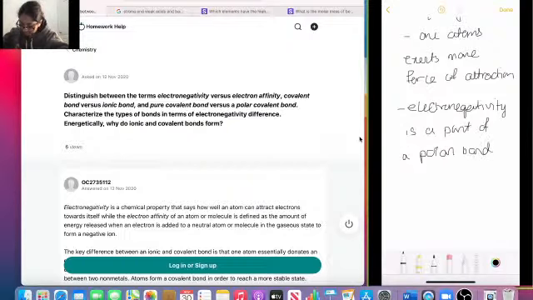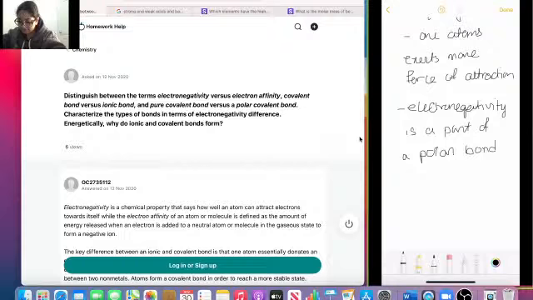When an atom is more electronegative, it tends to pull the electrons to itself more, right? And so in polar bonds you'll have one atom that tends to pull the electrons to itself more than the other.